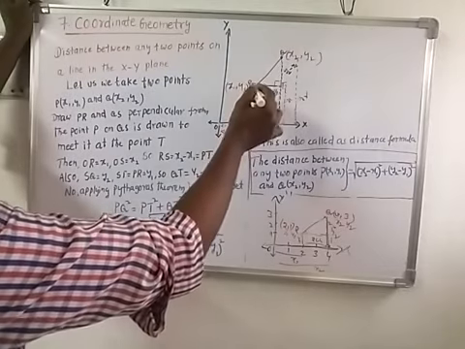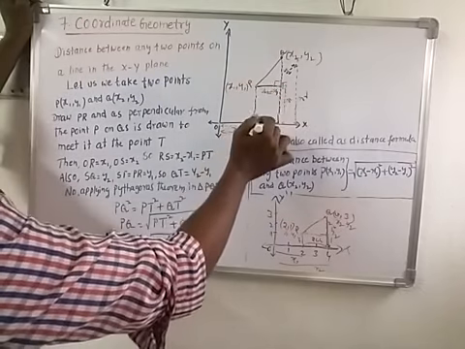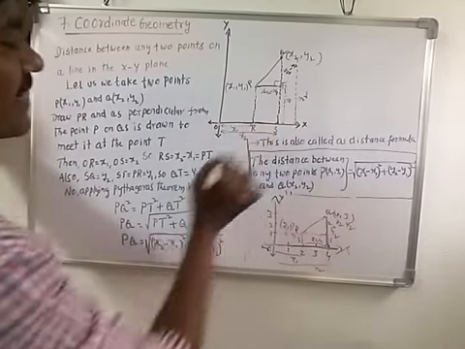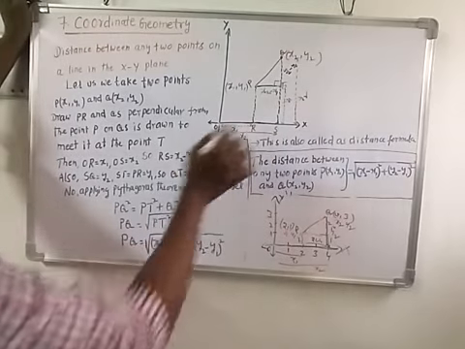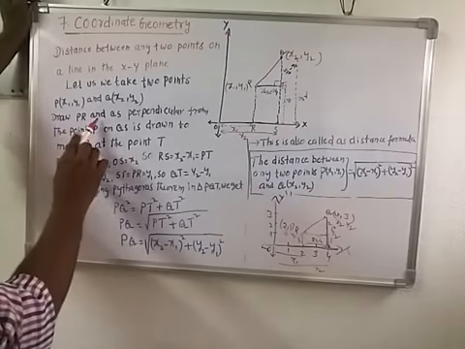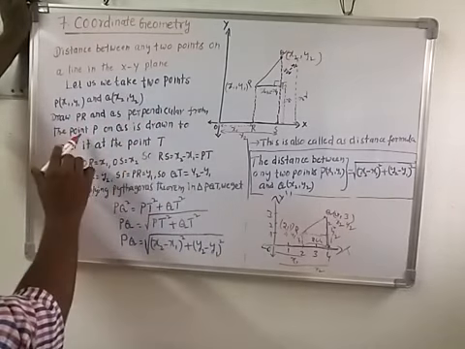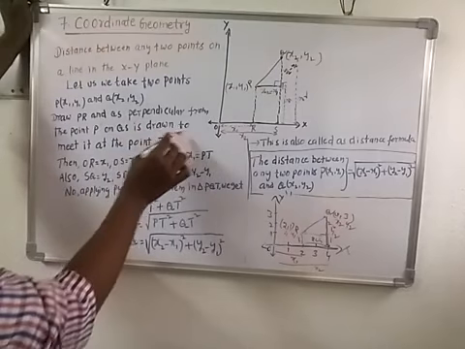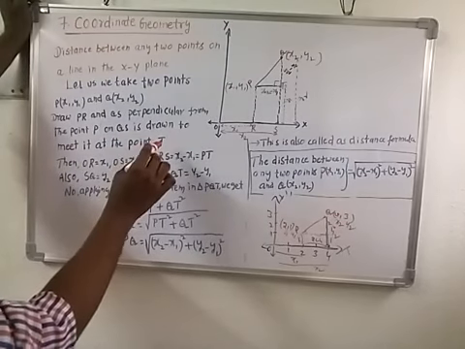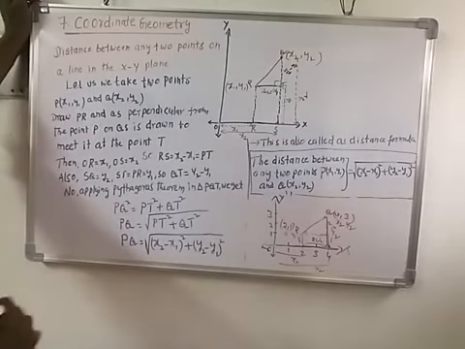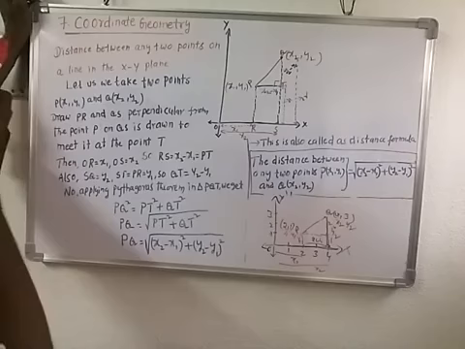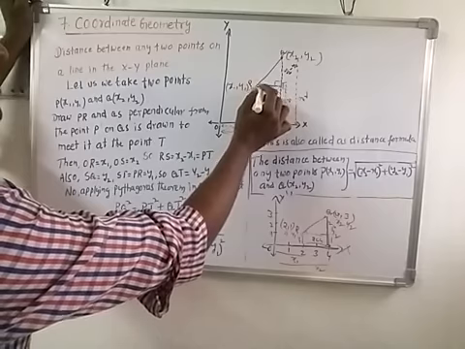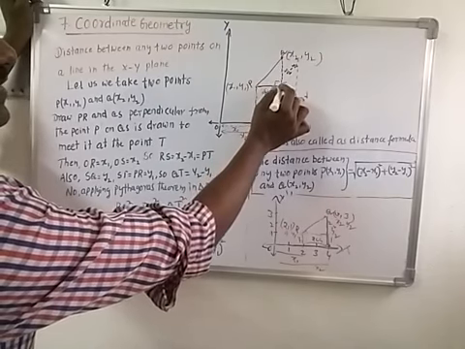We draw PR and QS perpendicular on x-axis, and draw a perpendicular from P on QS that meets QS at the point T.